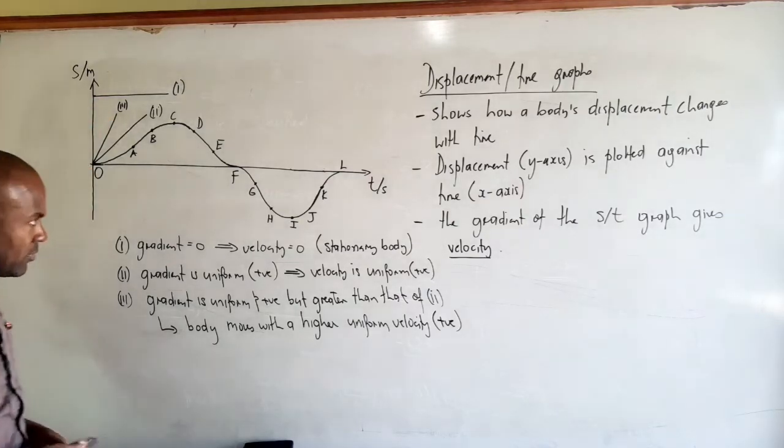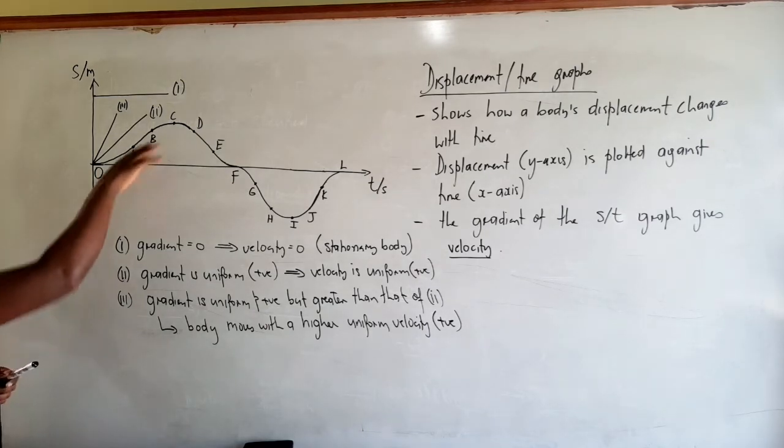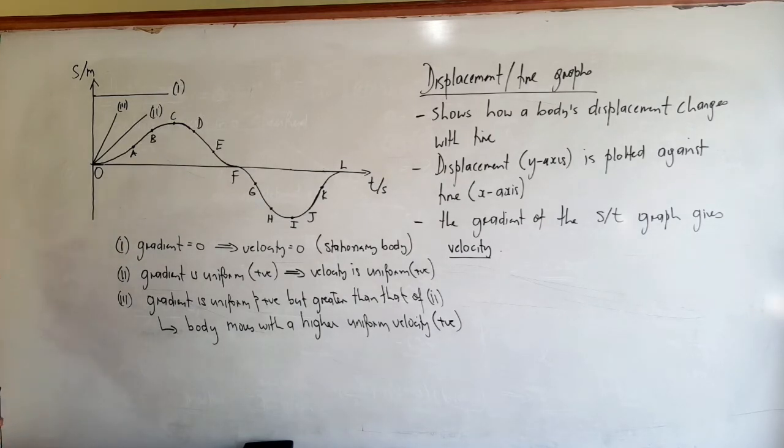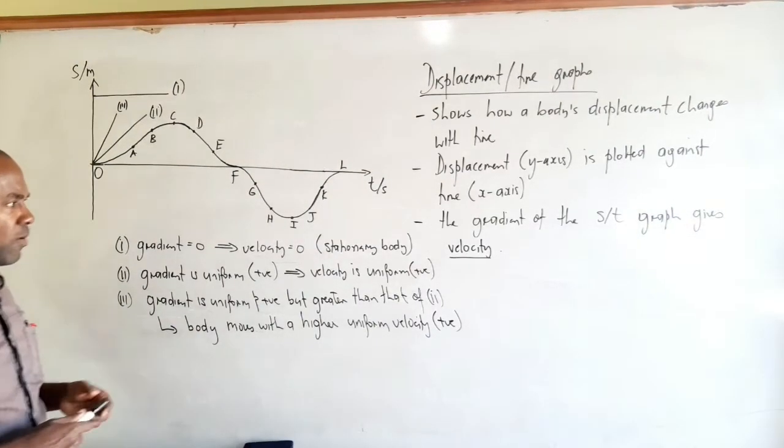Good. So having examined those 3 graphs, we will then examine the curve, and just as before, we'll analyze the gradient, and we'll be able to use that to tell what is happening to the body's velocity and so on.